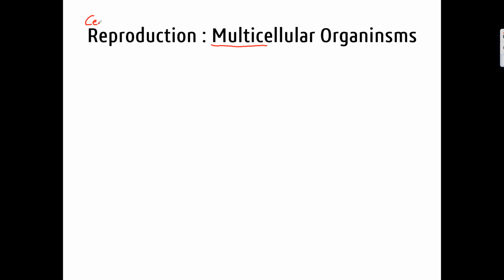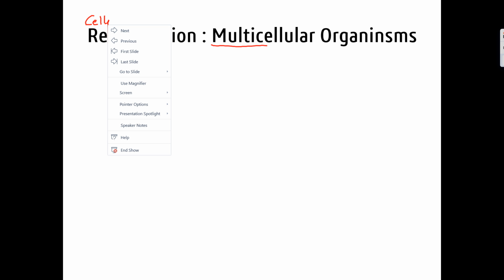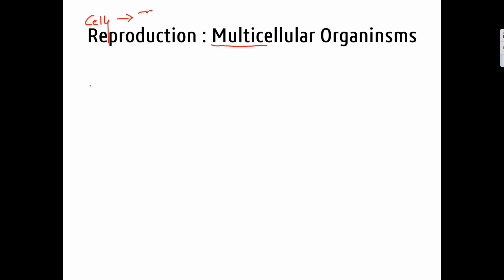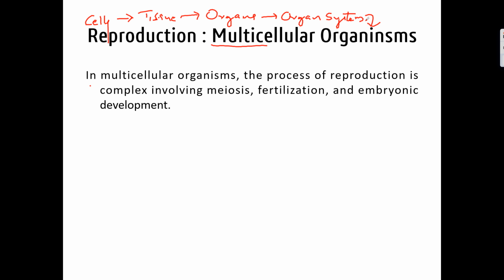Simply, we can say a group of cells will form tissues, and a group of tissues will form organs, and a group of organs working together forms an organ system, and finally this will make a multicellular organism.